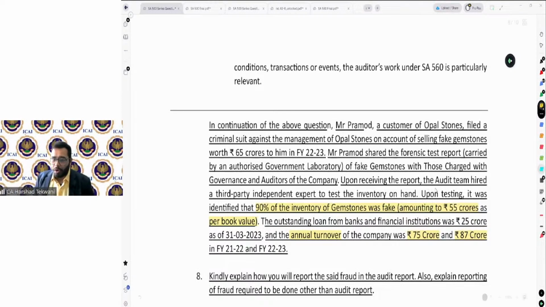I'll tell you. Okay, let me give you the answer. First of all, within the audit report and outside the audit report, I'll bifurcate two things. Within the audit report, the amount is material and the impact is pervasive.